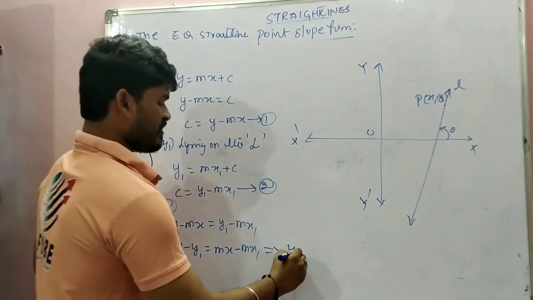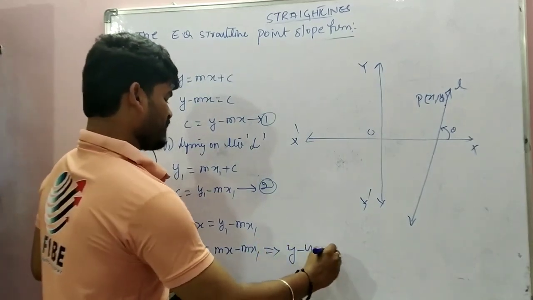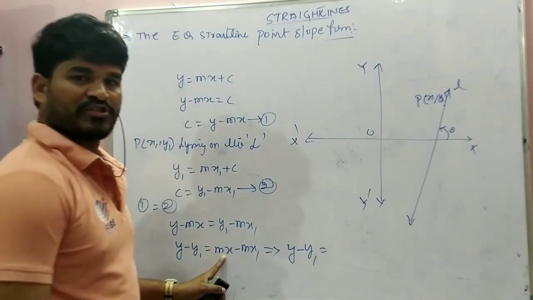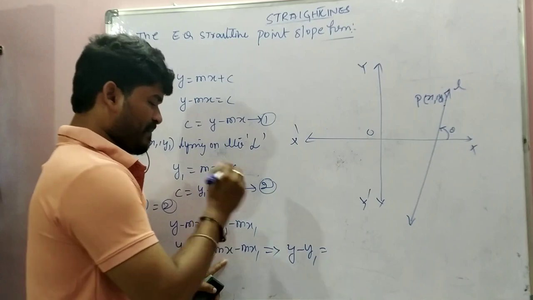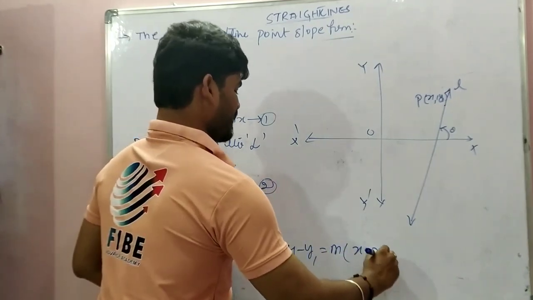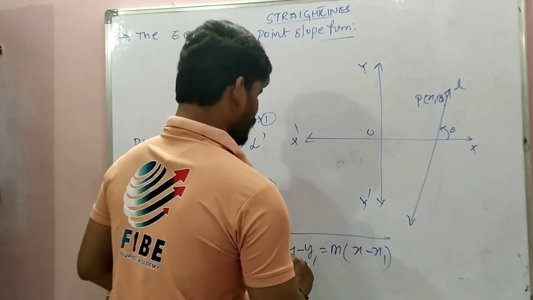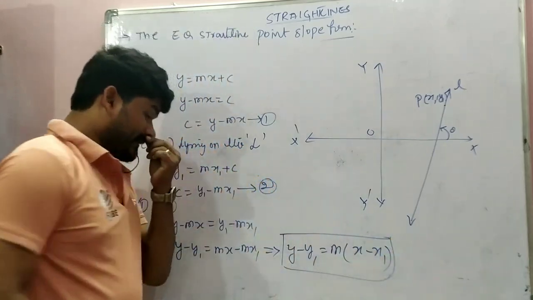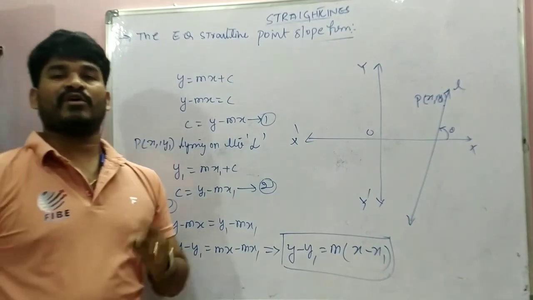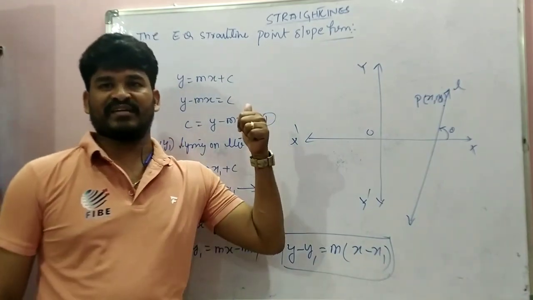On the right side, m is common in both terms, so taking m common, the remainder is x - x1. This is the equation of the straight line when one point and the slope are given.